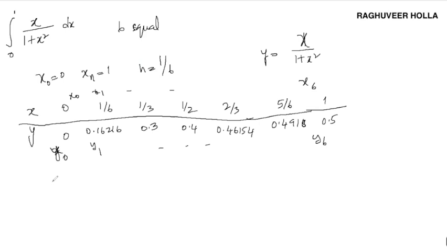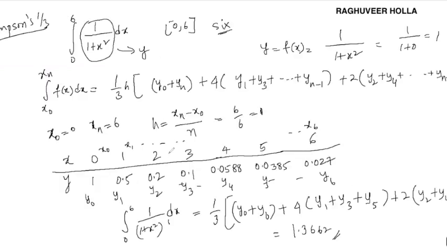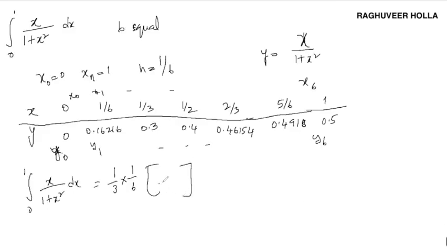So further, let us integrate this, x by 1 plus x square dx, which is h, which is 1/6. So 1/3 of 1/6, y naught plus y6, using the same formula.